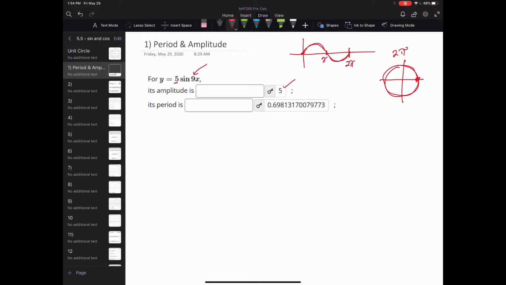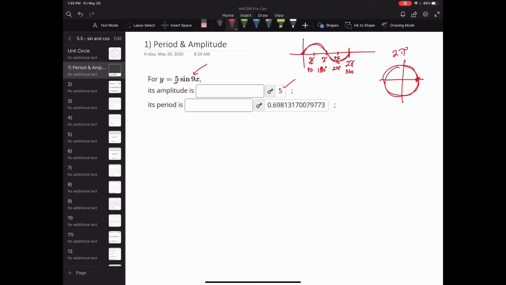Pi, right? This is like 90 degrees, and this is 180 degrees, and this is 360 degrees. So halfway, which is pi over 2, that's really just 90 degrees. And over here we have 3 pi over 2, which is really just 270 degrees.